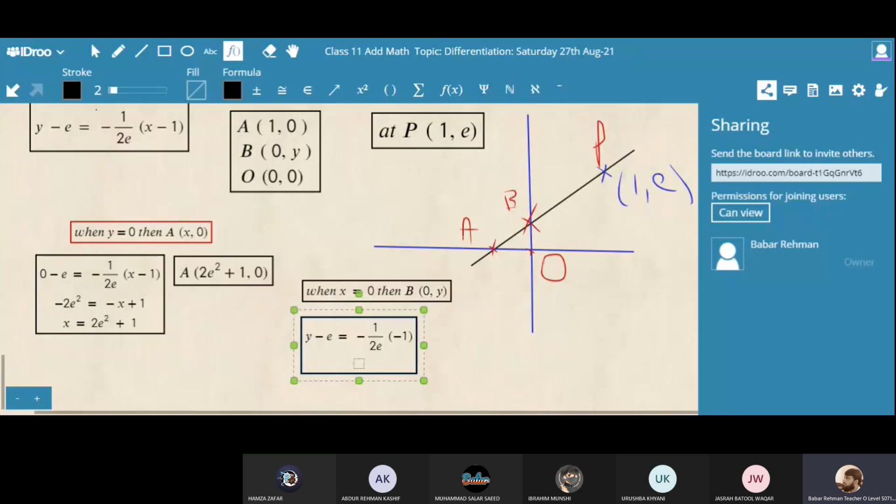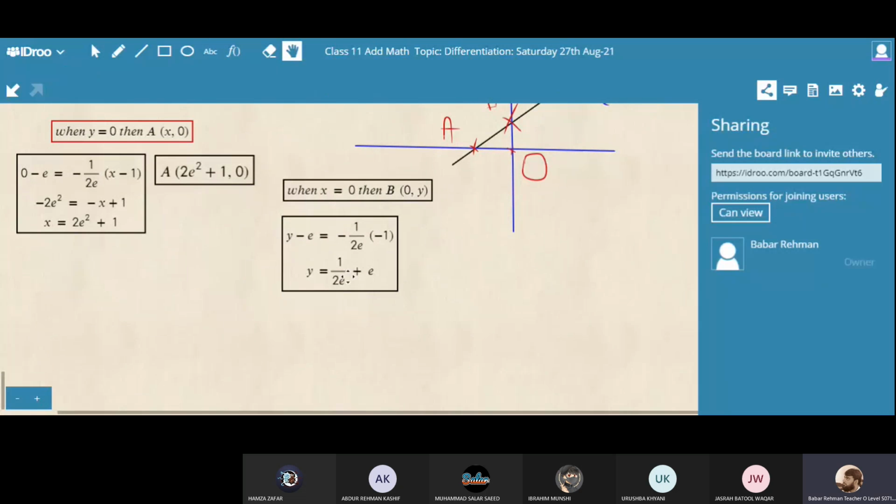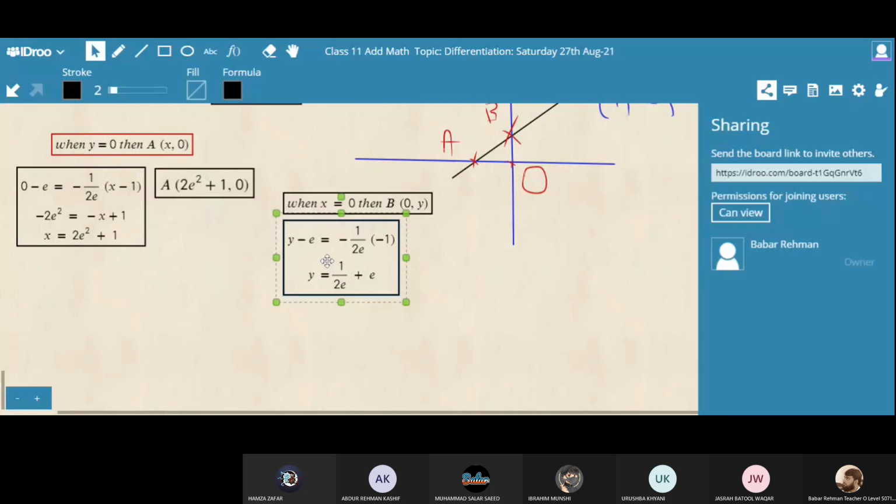Next step, student. What are the coordinates of y? 1 upon 2e plus e. If I take the LCM, what will be my answer? Can I write my answer directly?